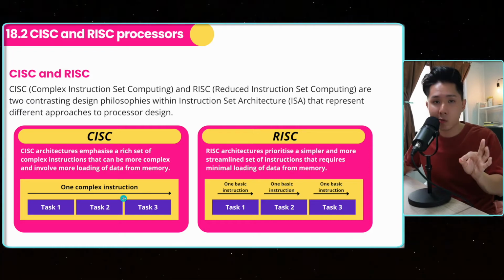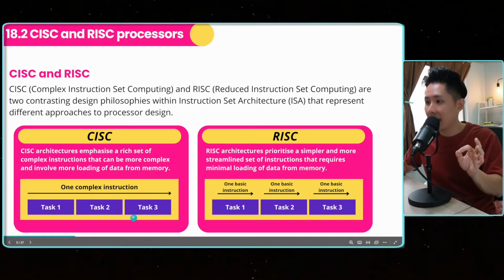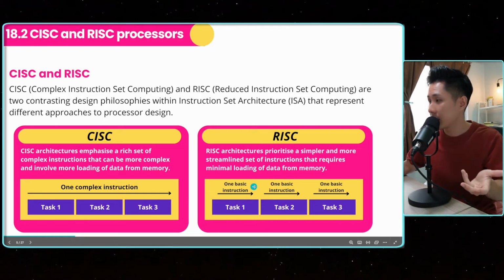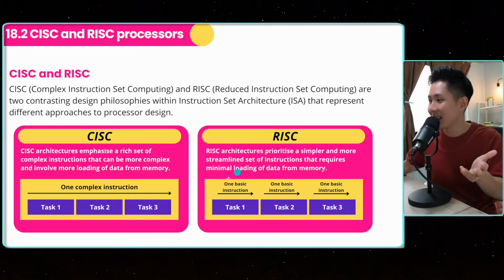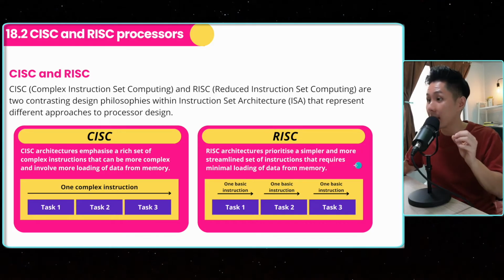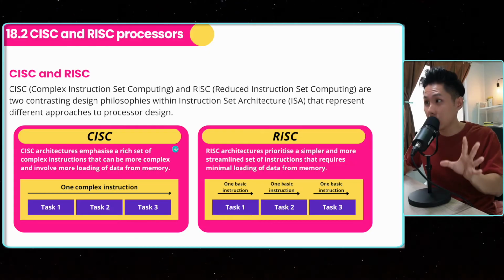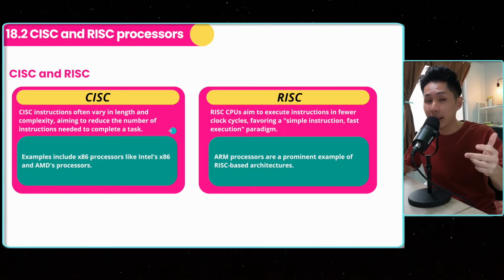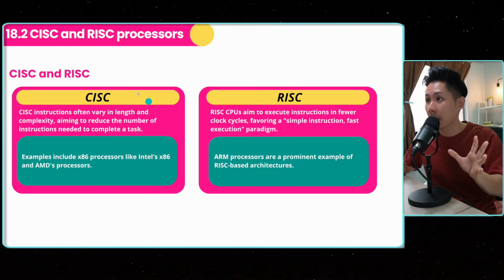A complex instruction can execute 3 tasks at once, whereas a not so complex instruction can handle 1 task only. Of course there are benefits and disadvantages for each design philosophy, which we'll look at later. But let's continue to compare and contrast.